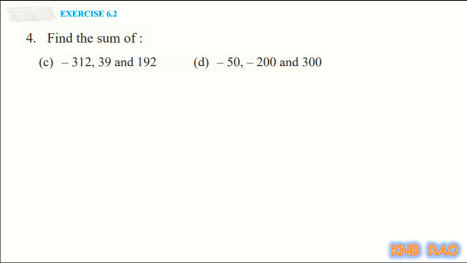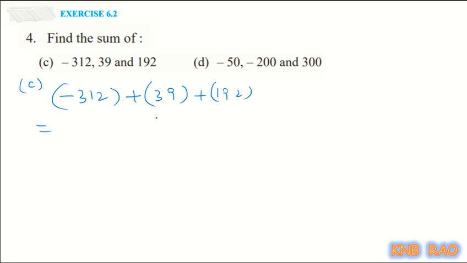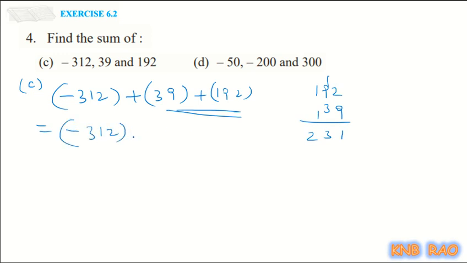Next question, find the sum of minus 312, 39 and 192. In this question, first we need to add the positive integers. Their sum: 192 and 39, when they are added, we get 231. So, minus 312 plus 231.